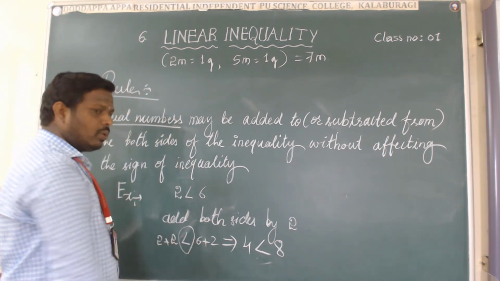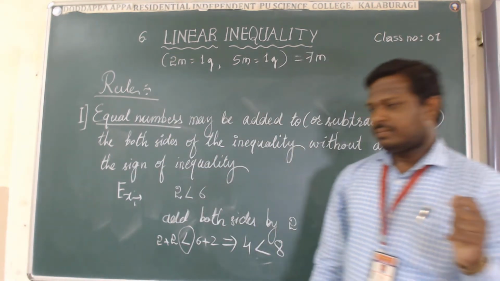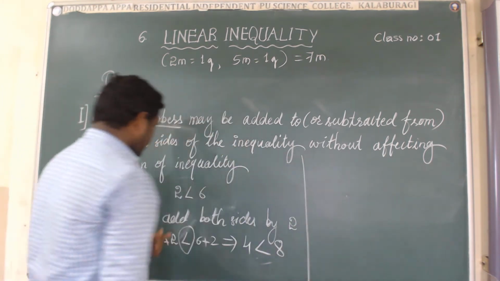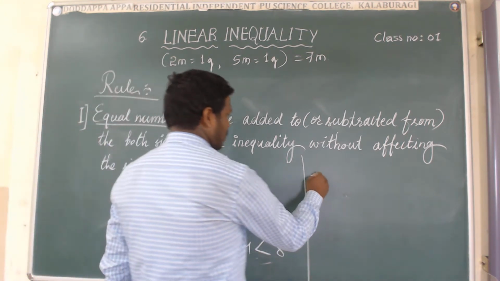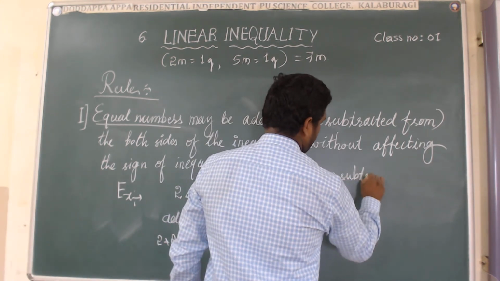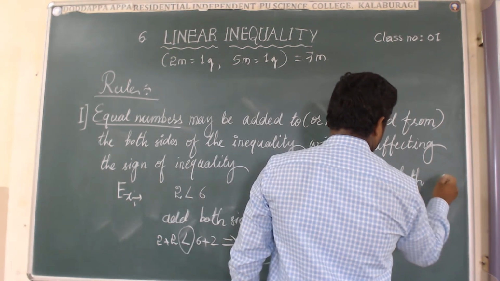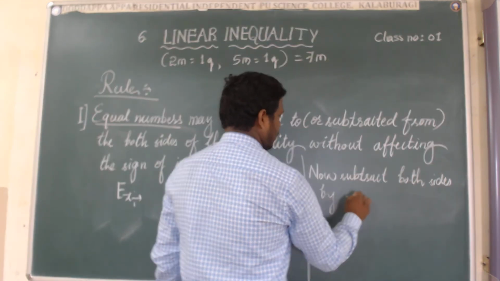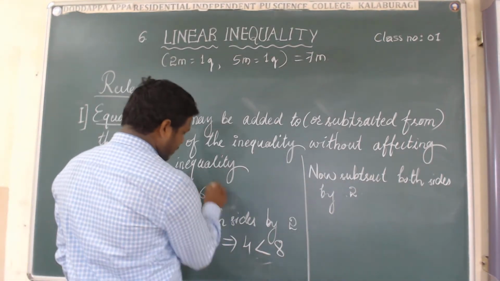This is the rule. When we add to both sides equal numbers, as I am adding 2 here, or when I subtract, now subtract both sides by 2 only.